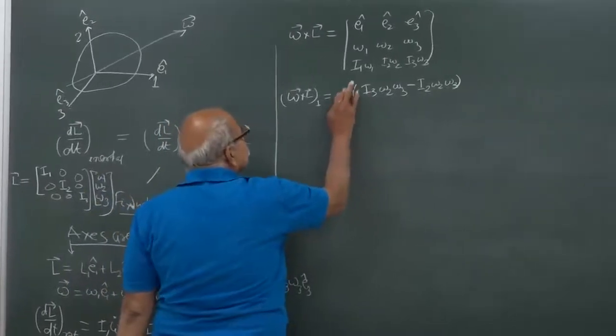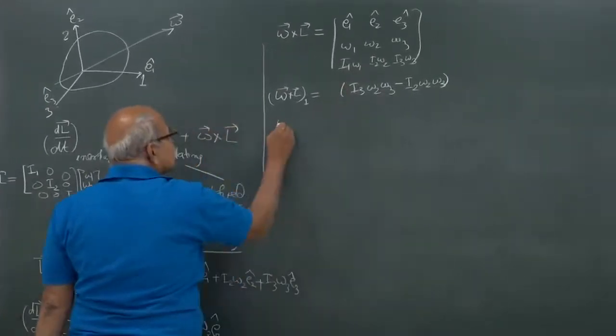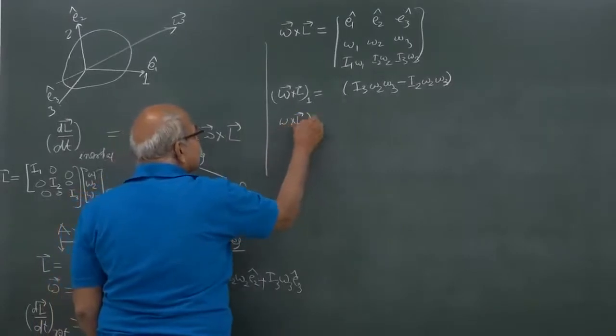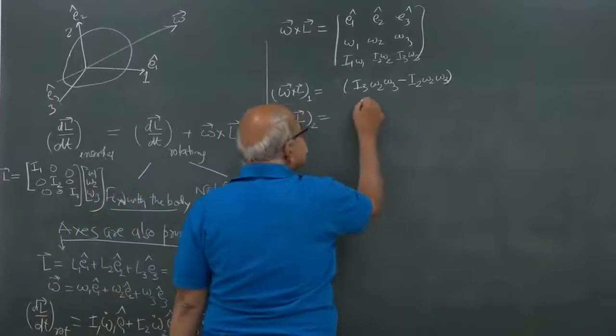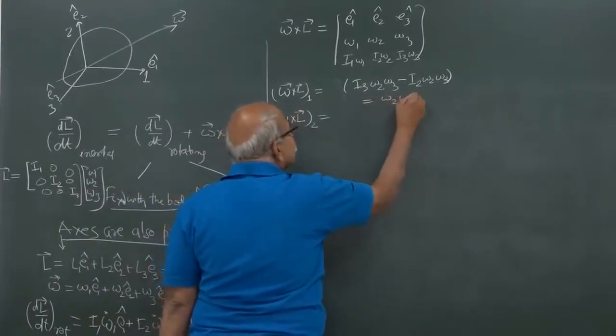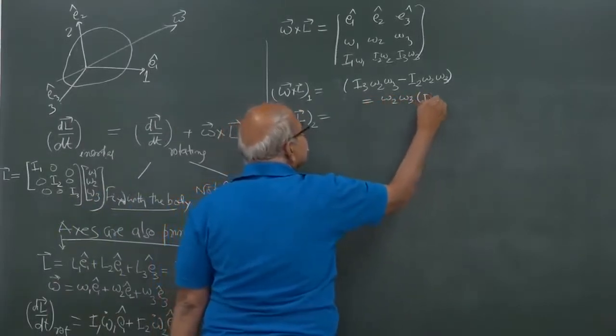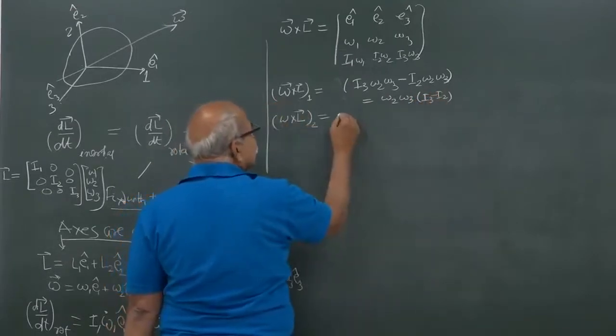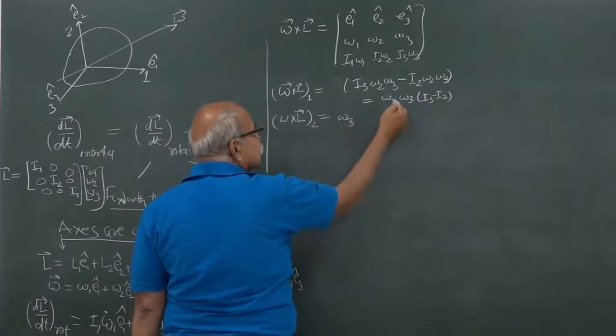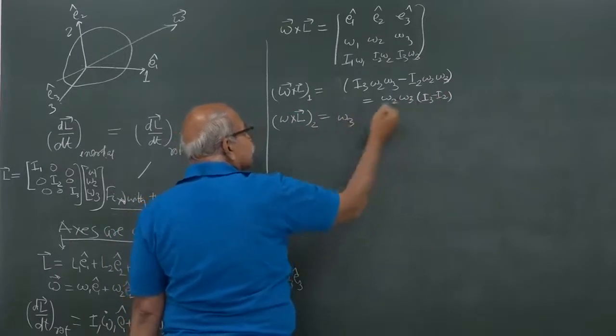So, I can remove this, and similarly the second component will be just a cyclic permutation of this. You can take omega 2 omega 3 common, and it is I3 minus I2, and the second component will be omega 3, in place of 2 you write 3, in place of 3 you write 1.